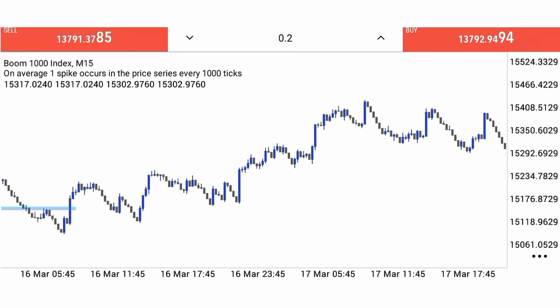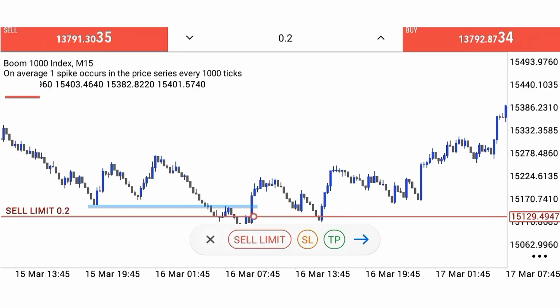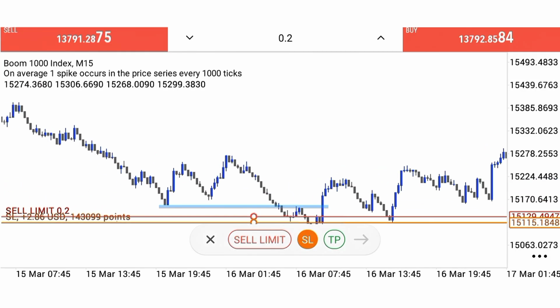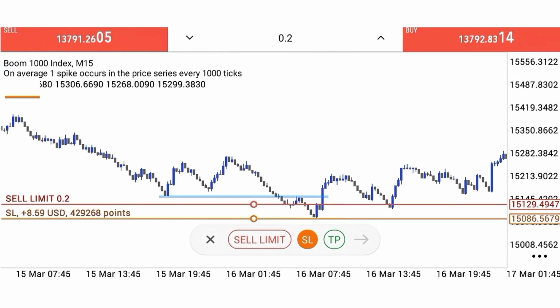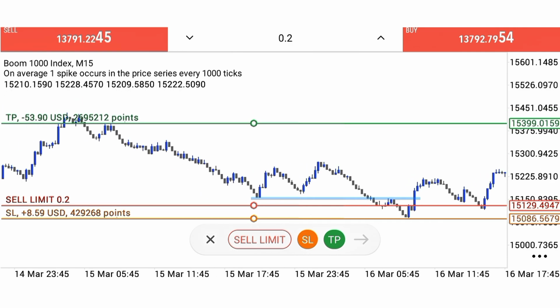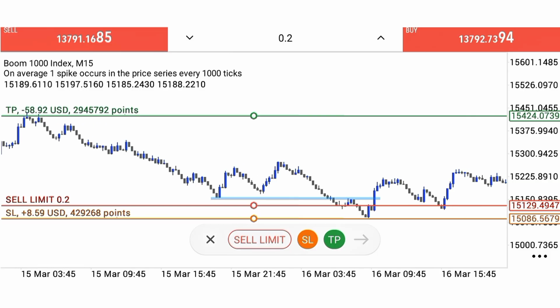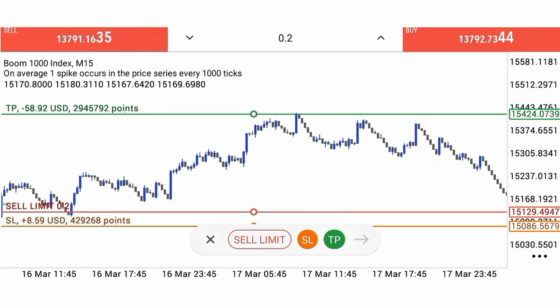Now, sometimes the market can just, oh, let me draw it back again. Stop loss here. Your take profit target at the high. Now, this is what happens sometimes.